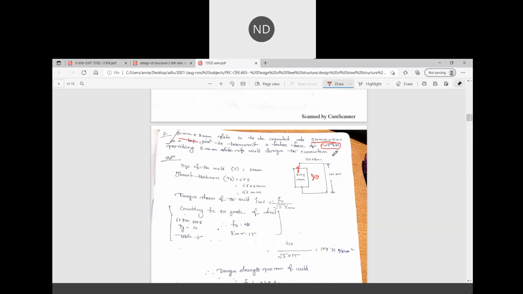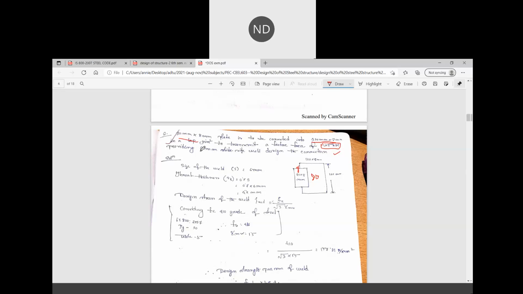To know whether the connection is able to take this much load or not, because you have designed these two plates so that they can carry a load of 125 kilonewton. So it is important for you to know, when you join these two plates with the help of weld, whether that connection is strong enough to carry this much load. Okay, 125 kilonewton of load.